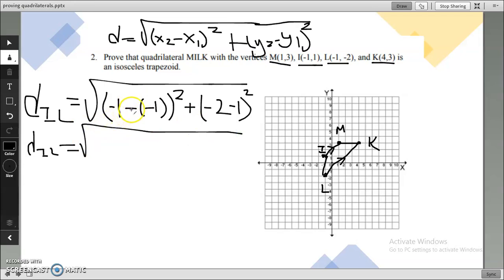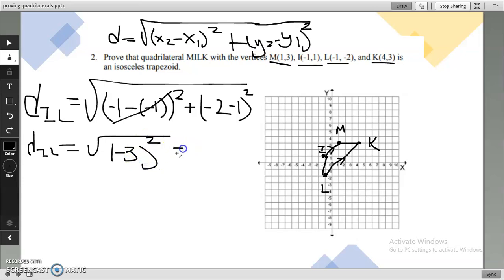Negative 1 minus a negative 1 is negative 1 plus 1, which is 0, so I'm just going to cross that out. Then negative 1 minus 1 is negative 3. Negative 3 squared is 9. The square root of 9 is 3.